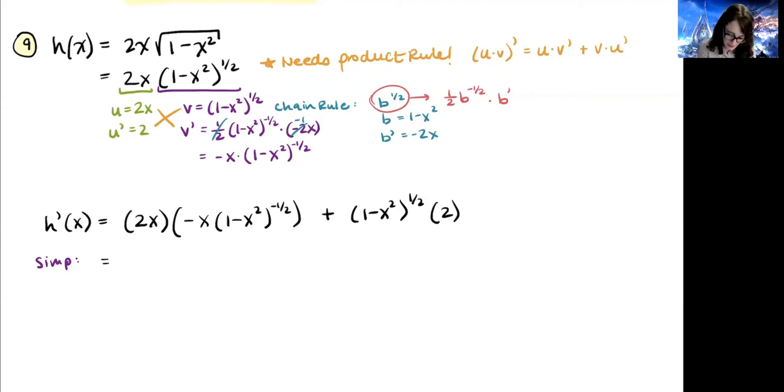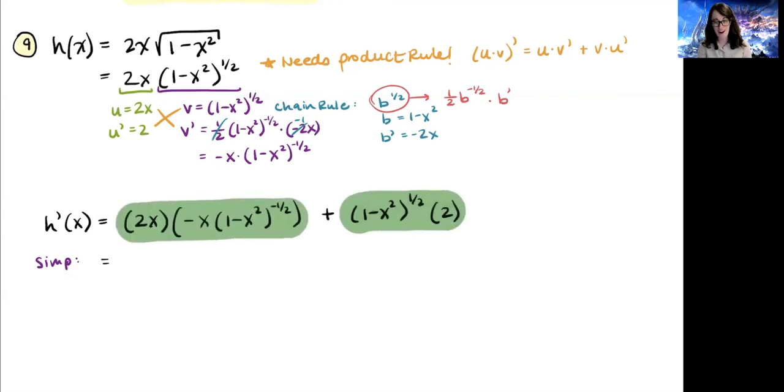So in other words, in this first one, let's make this a green blob. We'll always have 2 green blobs when we're doing the product rule. In the first green blob, we have 2x basically times negative x and then times all of this stuff. So, there's the associative rule in math. We can multiply these two things together, change their order around. So 2 times negative 1 is negative 2, and x times x is x squared.